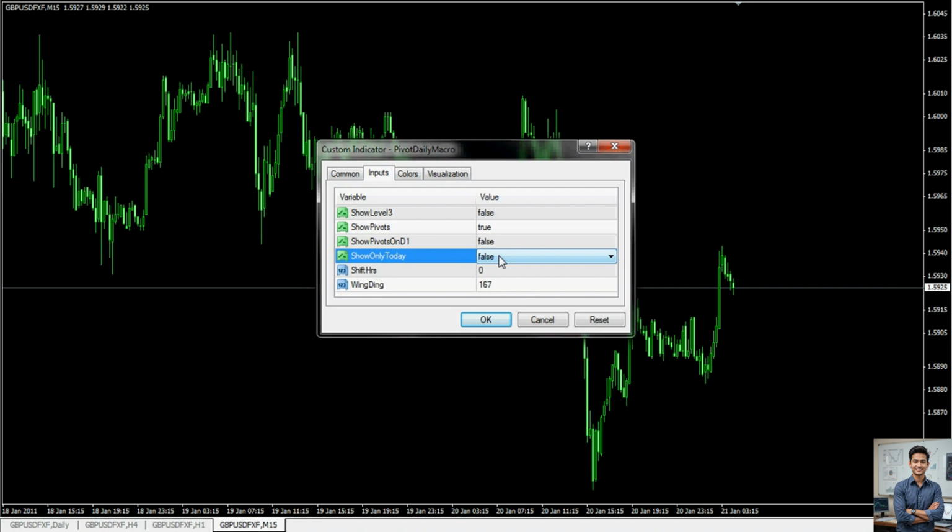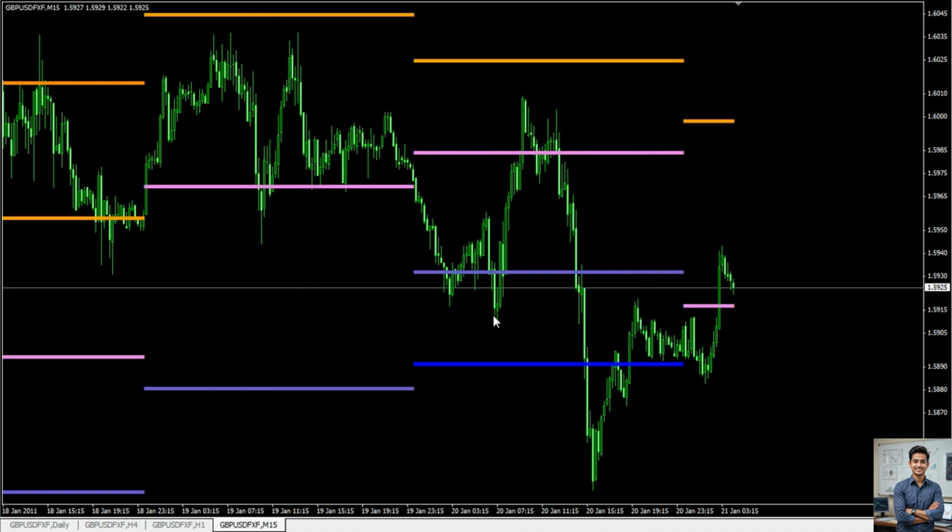And what I'm doing is I'm toggling so it shows more than just today. So in other words, when I'm done setting this up and I post the lines on the chart, it's going to give me the pivots, the major pivots, the R1, R2, S1, S2, and the central pivot for all of the days. So I'll be able to see the last several days on one screen what the pivots were.